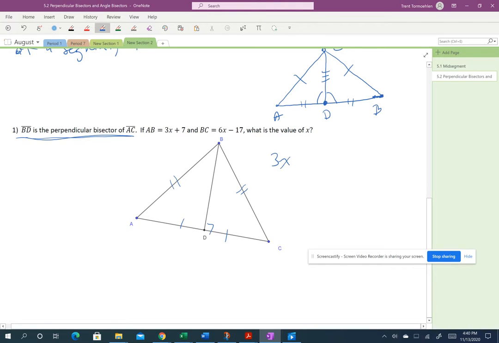So we could say that 3x plus 7 equals 6x minus 17. Solve for x, and we get 24 equals 3x, so x equals 8. So in this problem, we use the perpendicular bisector theorem to know that those two are equal to each other, solve the equation, and we get x equals 8.